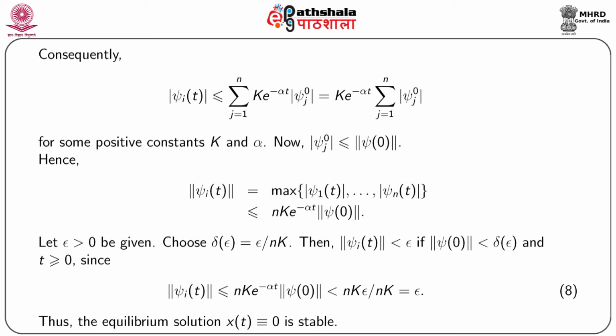Let epsilon greater than 0 be given, and we choose delta equal to epsilon divided by n K. Then the norm of psi(t) is less than or equal to epsilon if the norm of psi(0) is less than delta and t is greater than or equal to 0, since the norm of psi(t) is less than or equal to n K e to the power minus alpha t times the norm of psi(0), which is less than n K epsilon divided by n K, equal to epsilon. Thus, the equilibrium solution x(t) equal to 0 is stable.